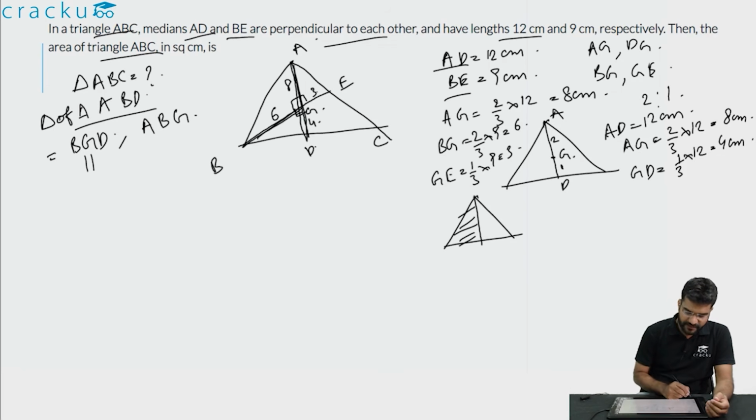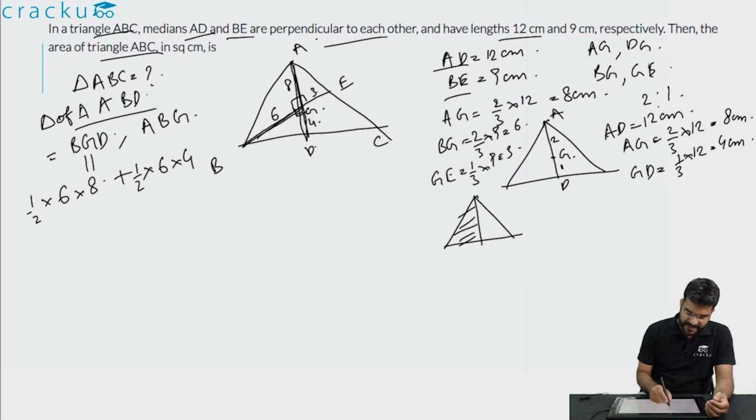Now the area of triangle ABG can be easily found out, because we know that one of the sides is 6 and the other side is 8. So the area is half into 6 into 8. Similarly, BGD is another right angle triangle and its sides are 6 and 4. Therefore, its area is half into 6 into 4.